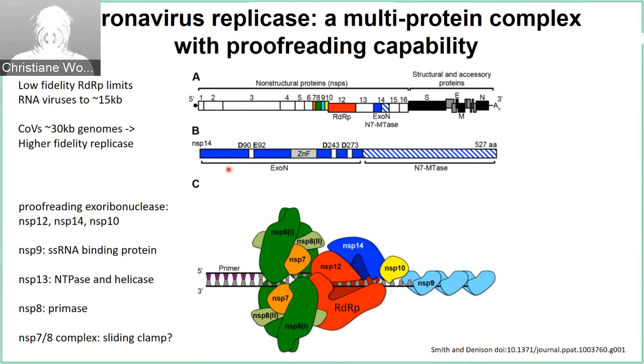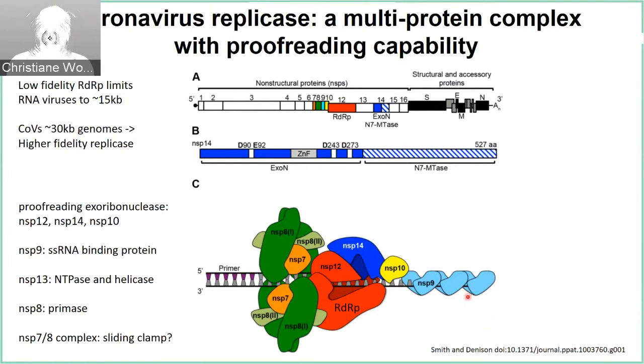And so NSP14 teams up with the RNA-dependent RNA polymerases, so if it makes mistakes, those can be corrected. And shown on the bottom here is this nice cartoon of what the replicase complex looks like.